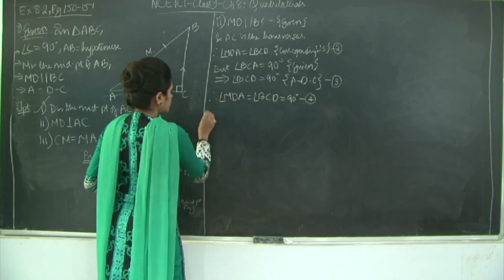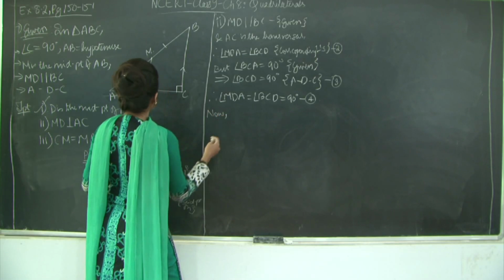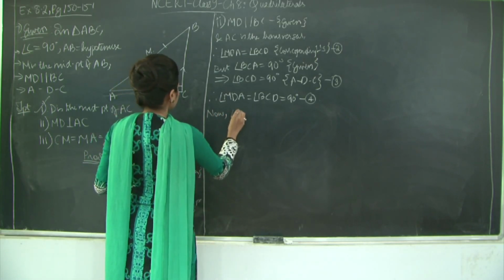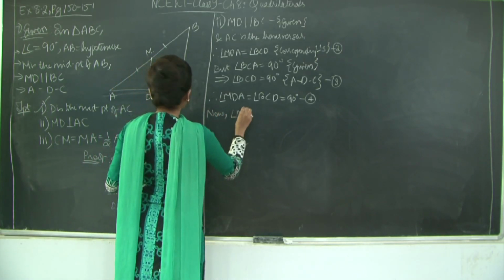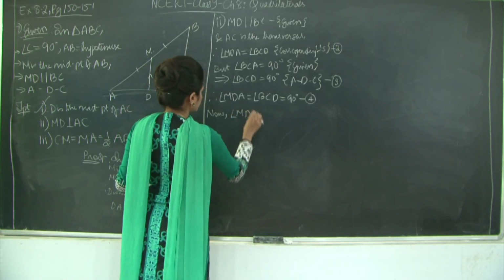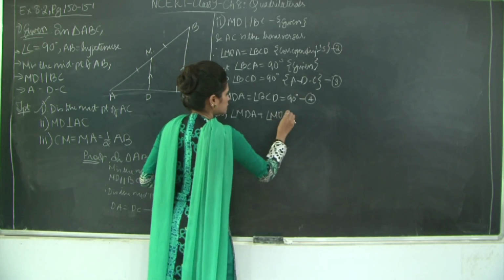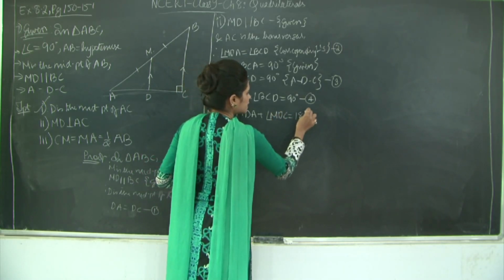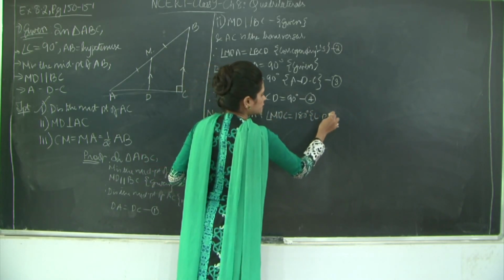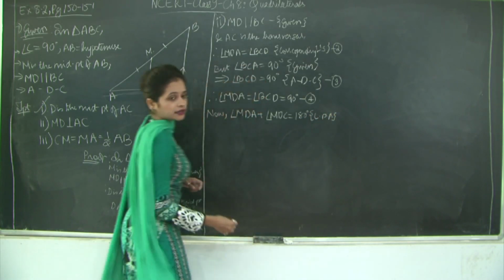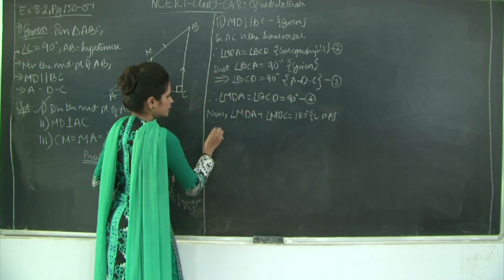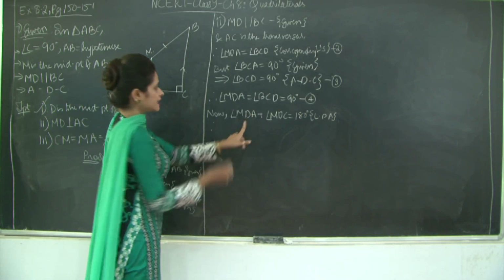Okay. Now, angle MDA plus angle MDC is equal to 180 degrees through the linear pair axiom, correct? Therefore, what do I have? Angle MDA is 90 degrees from 4.